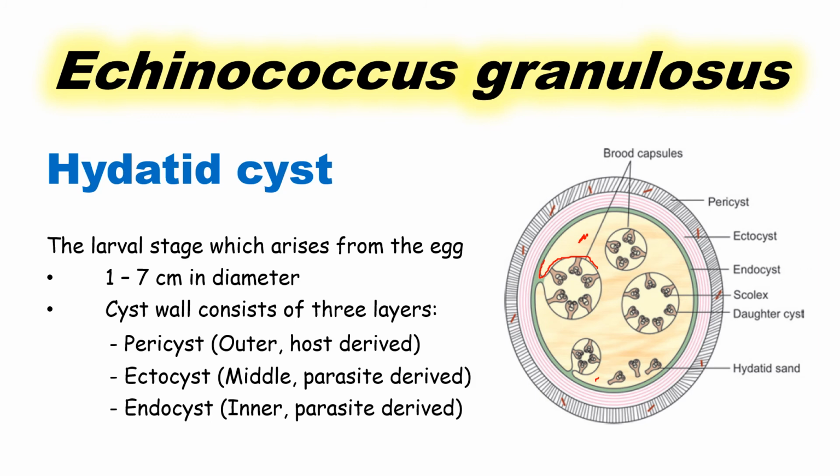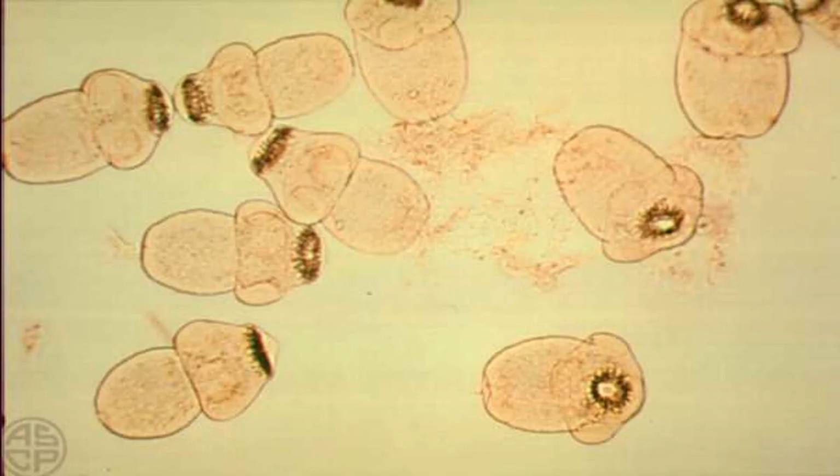They are granules; when the daughter cysts rupture, they liberate the protoscolices, which settle down at the bottom. This is the hydatid sand. Here is an example of the protoscolices. They are the infective form, the ones that cause attachment.